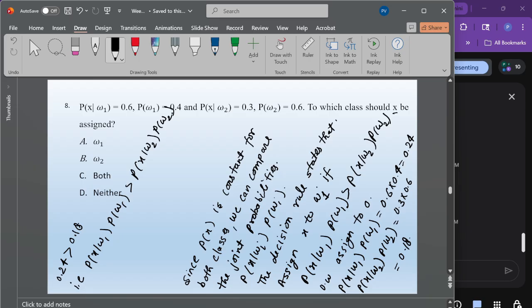Then x should be assigned to class omega 1, because its probability is greater. So option A is the correct answer for this question.